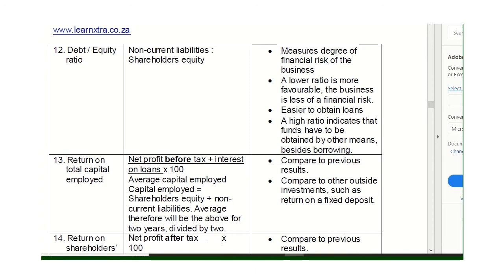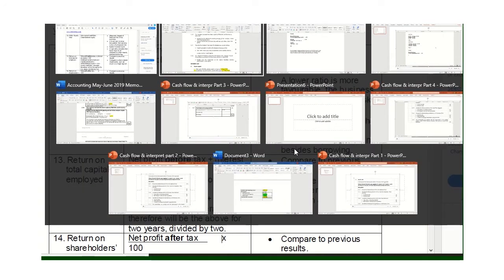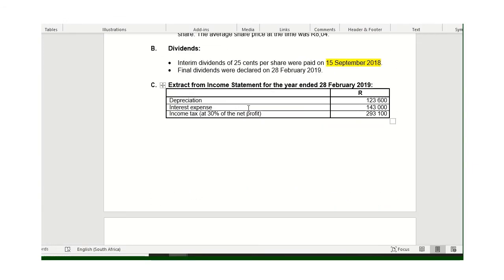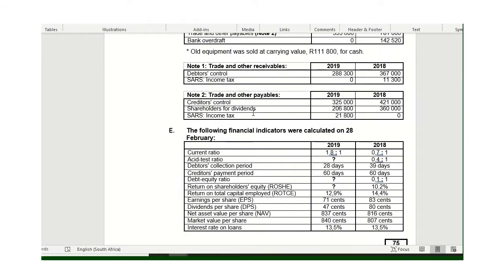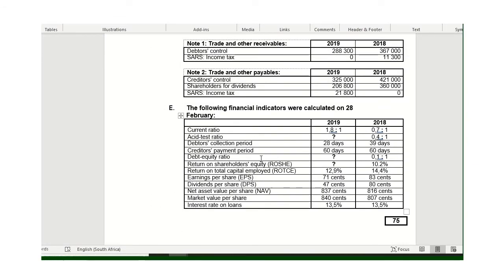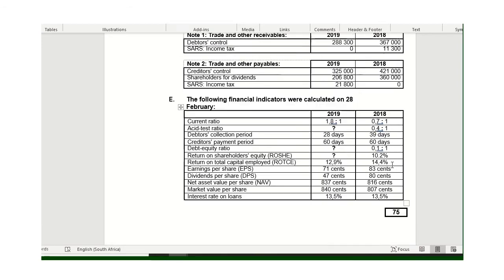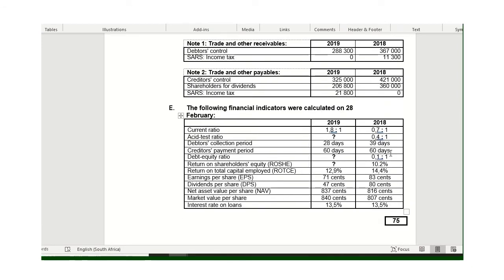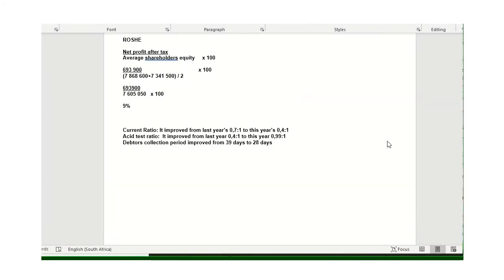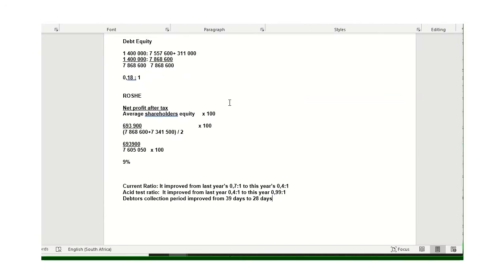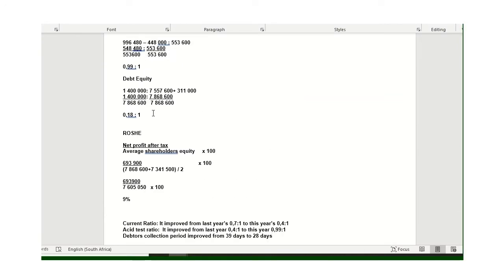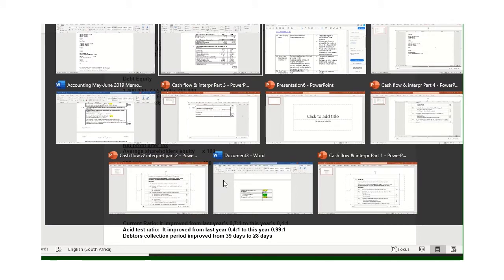So the first one I will look at is the debt equity ratio and see what happened to it. If I go back down, the debt equity ratio was 0.121. We calculated the new equity ratio. Let's just see what that was. The new debt to equity ratio was 0.18 to 1.